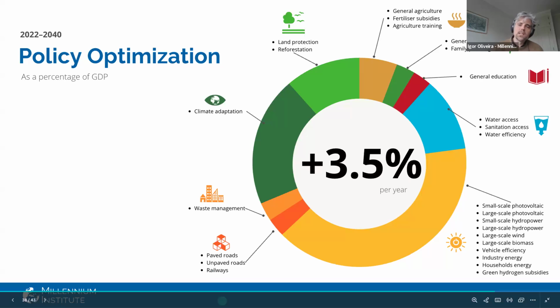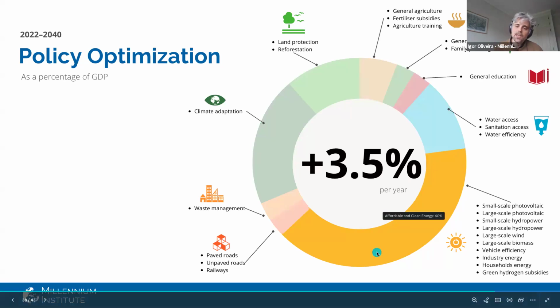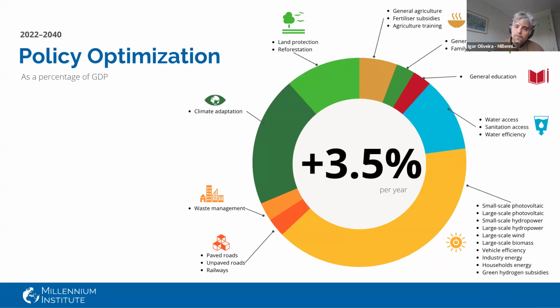Yes, so we ran it for two periods, one until 2040, because 2040 was an important milestone in some of the green hydrogen studies. And we saw that, for instance, investing in a plethora of energy interventions, which is the yellow part of the pie there, as well as in climate adaptation, goes really well together with the green hydrogen subsidies that are expected for this period until 2040, right? So we managed to see the synergies here.